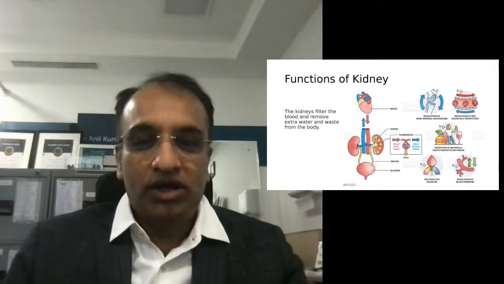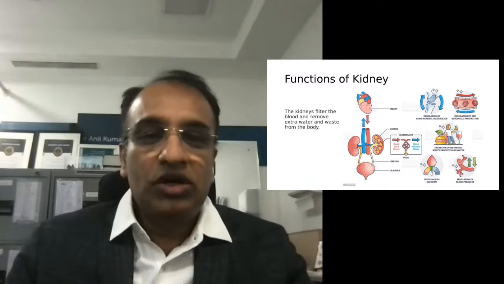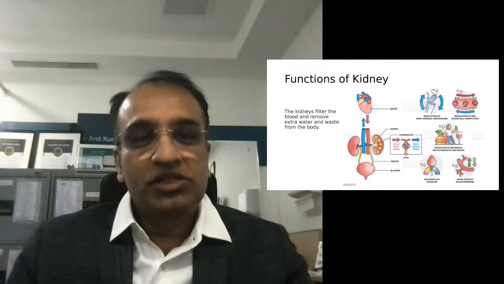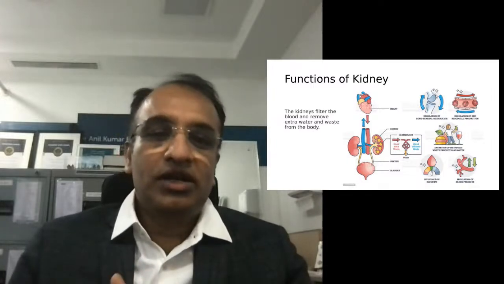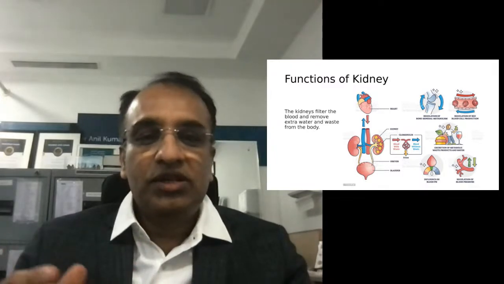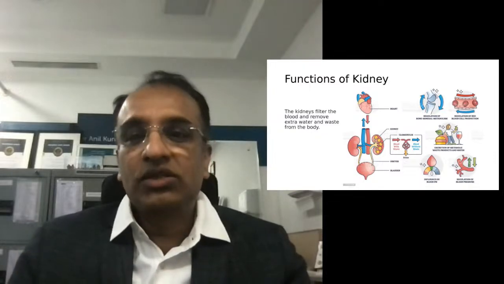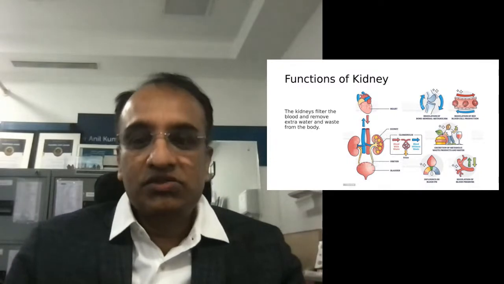It also produces the active form of vitamin D. What does vitamin D do? It absorbs calcium and phosphorus from the intestine and keeps our bones healthy.